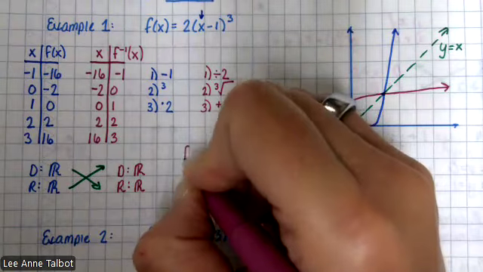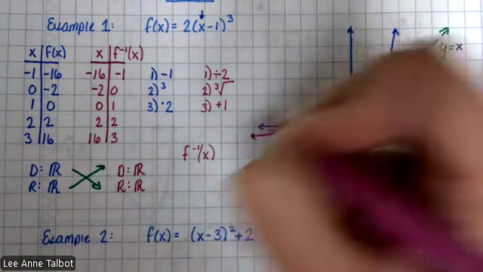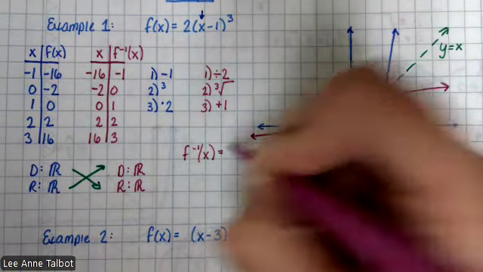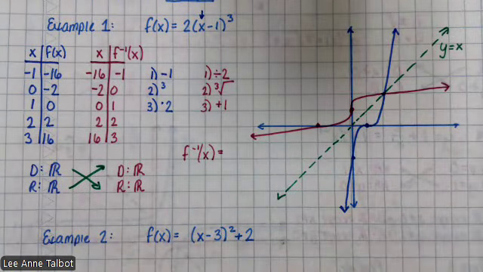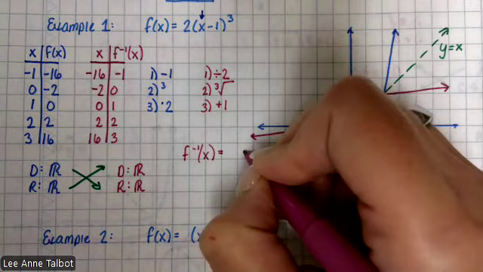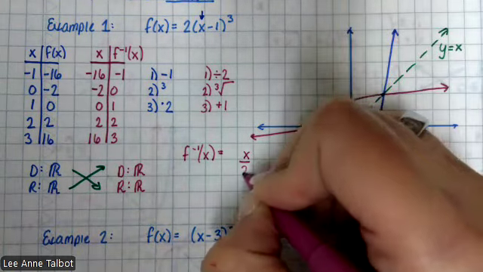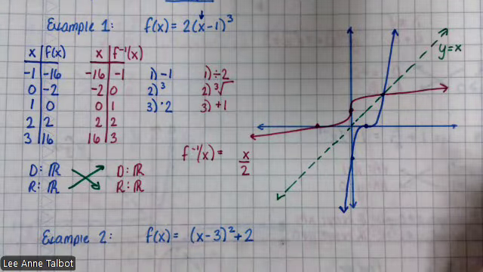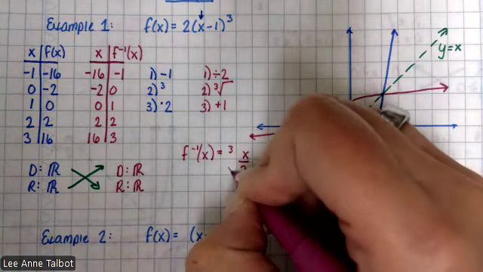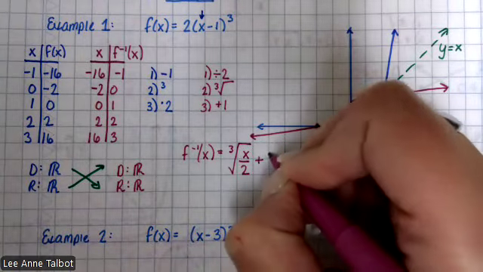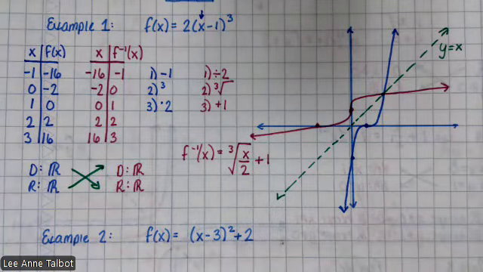Okay, last thing on this, F inverse of X. How much stuff is going to be in the front? Just one thing, just the cube root. So X over 2, cube root on everything, +1 on everything.